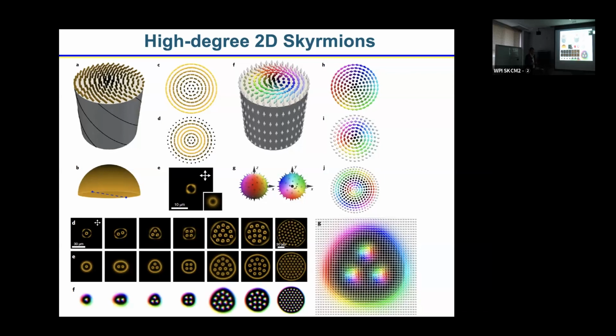But you can also have structures that wrap that sphere only partially. Then they are just fractional skyrmions, right? They are not characterized by integers, and therefore nothing prevents you from morphing smoothly one to another.